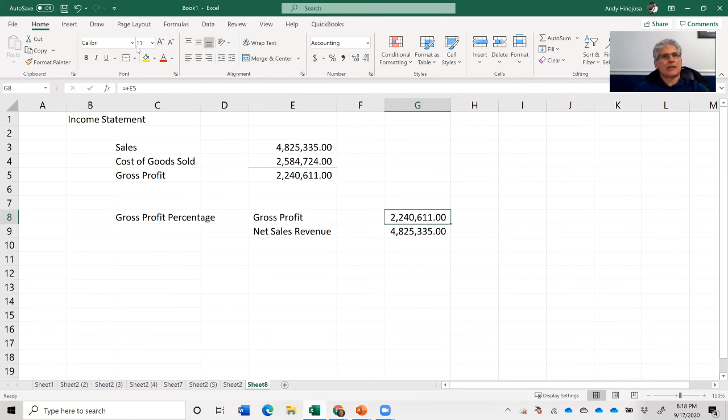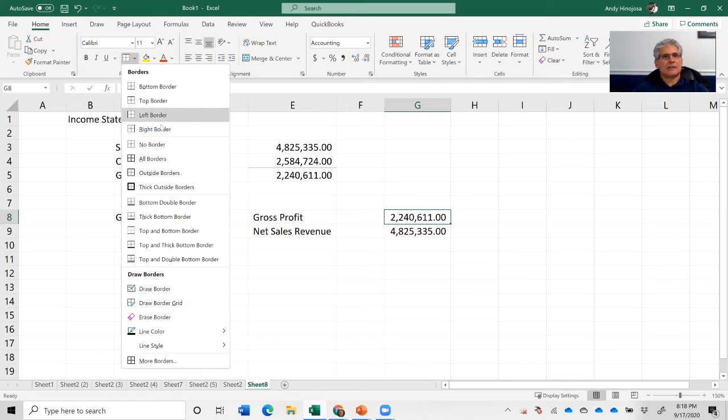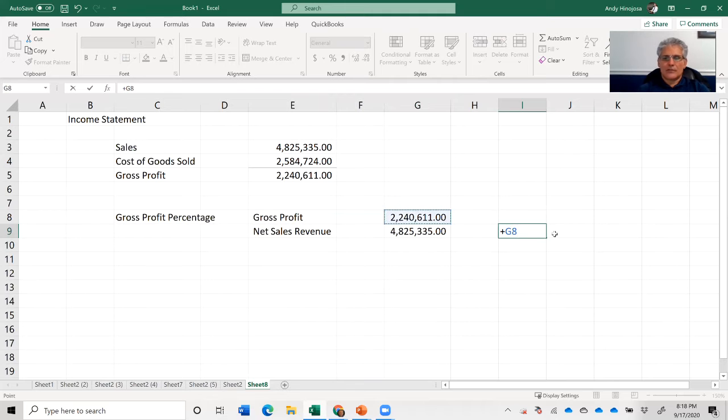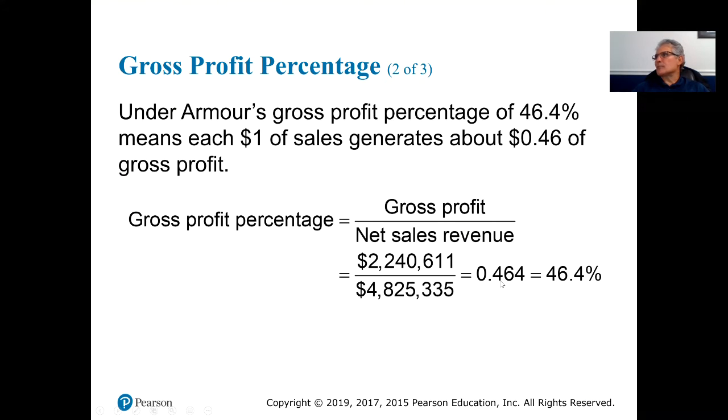I'm going to put the line here to represent the division sign. And we just simply do the computation. This divided by this. And in this example, our gross profit percentage to the nearest tenth is 46.4%. There it is, 46.4%.